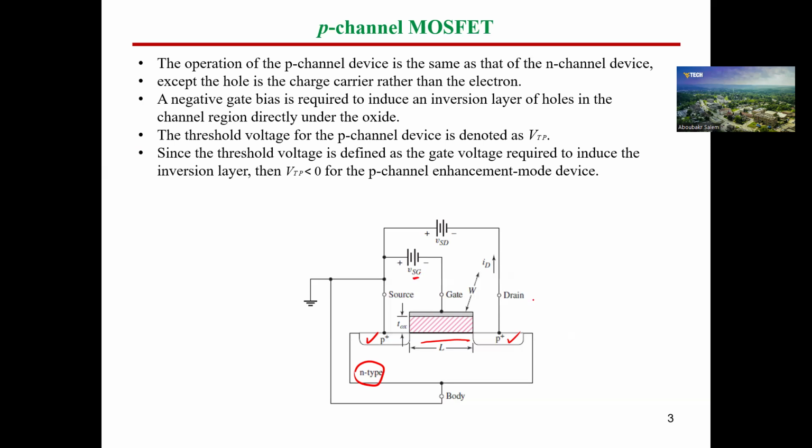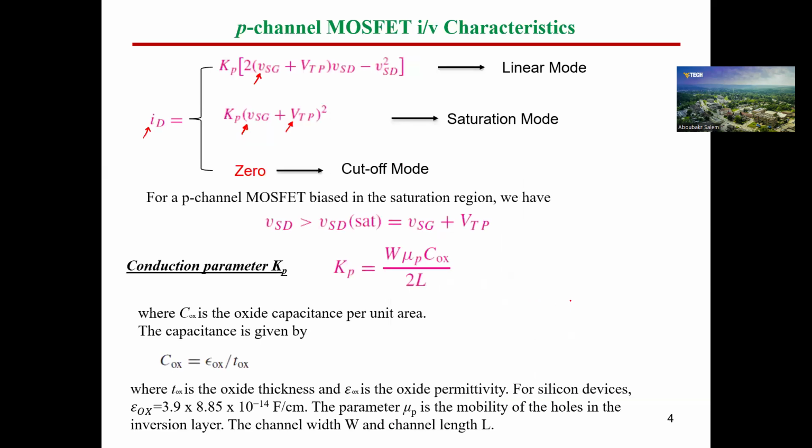So this is now the P-channel MOSFET, and we discussed the different modes of operation as well. We said in the equations, you will have VSG instead of VGS. And regarding the threshold voltage, we mentioned that the threshold voltage is going to be in a negative sign.